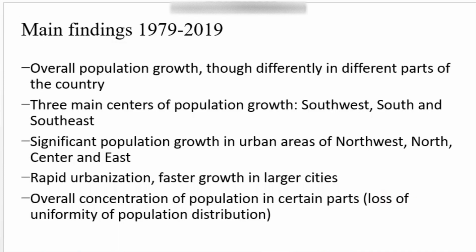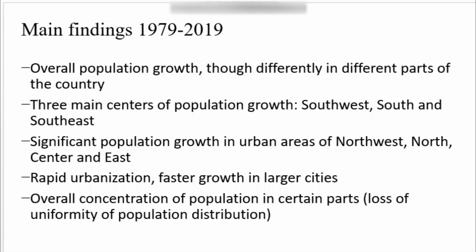So summarizing the spatial demographic effects between 1979 to 2019, we can mention some of the statements describing the main population trends. And overall, we can see that there's been population growth during the 4 decades from 1979, despite some population declines in 1990s, for example.